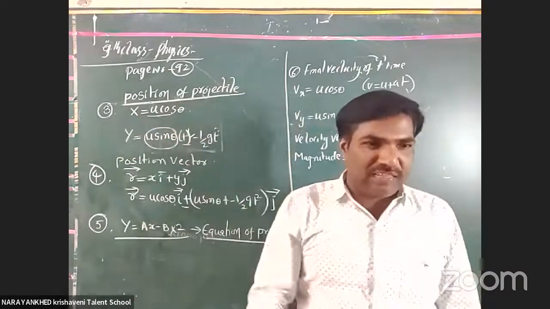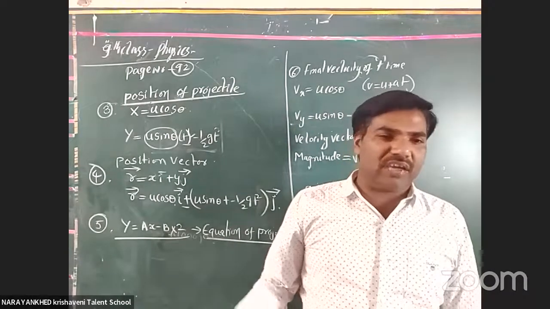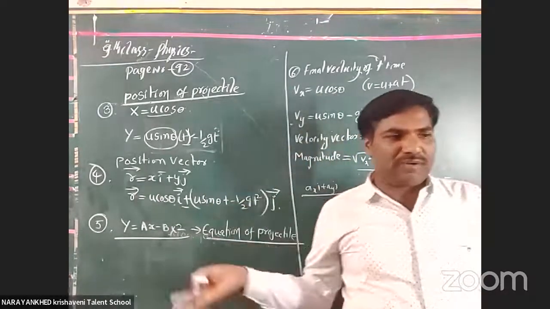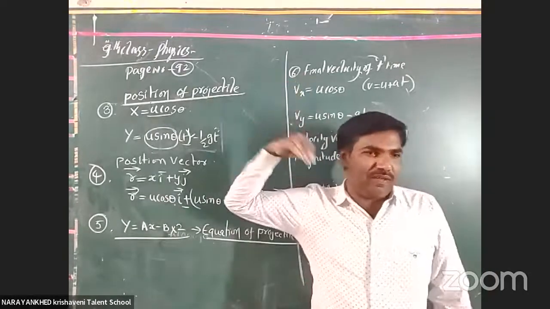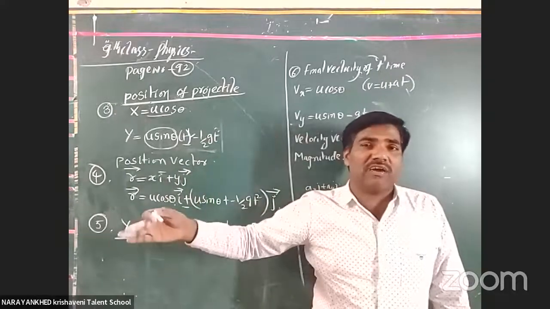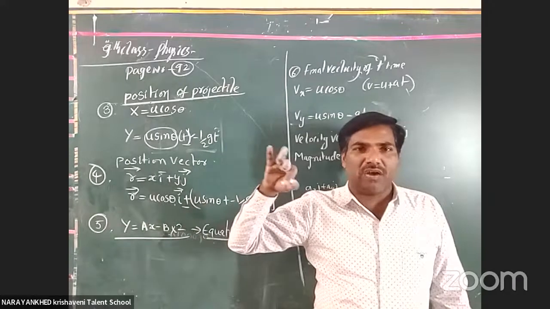Your length, you say 5 feet or 150 centimeters. You can't say your length is this much in the north side and this much in the west side. No need to specify any direction. That type of quantity is called scalar.